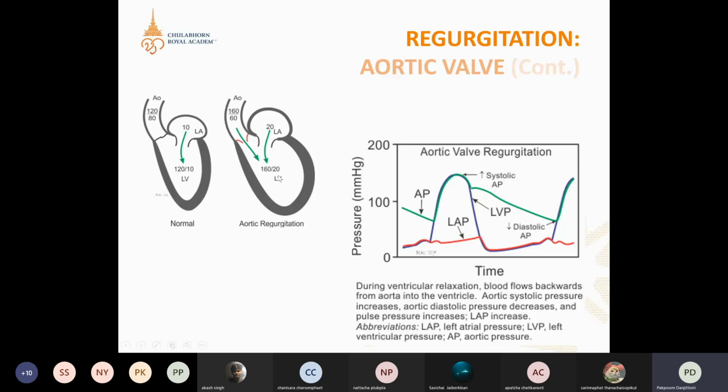You will see this in the systolic pressure. The higher blood volume inside the LV increases the capability of LV contraction, so the systolic pressure is higher, from 120 to 160 like this. Okay.